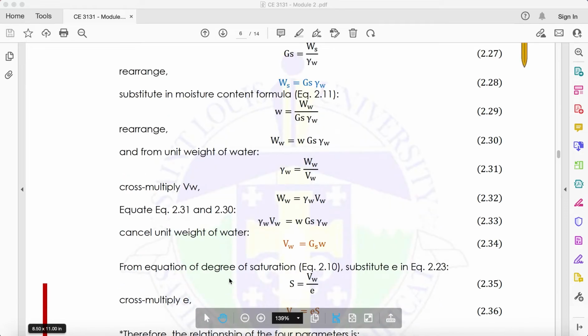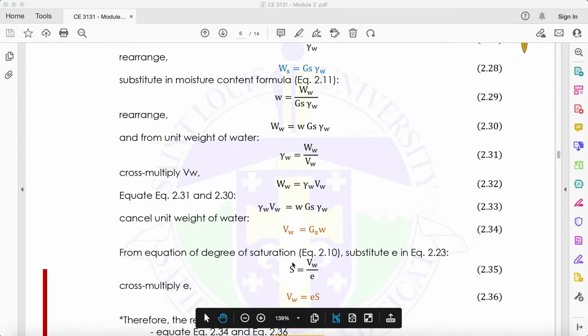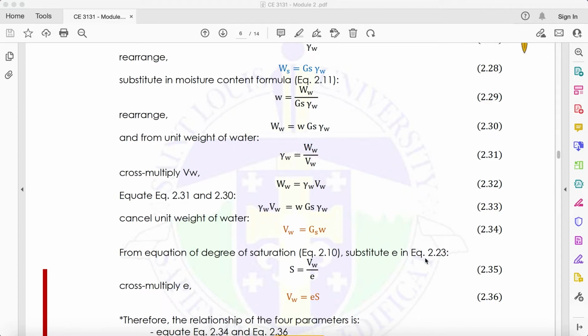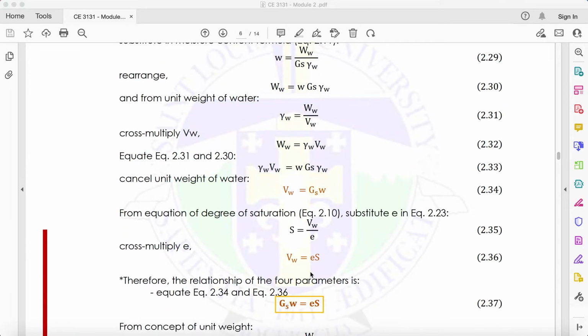So from the equation of degree of saturation, we know that S is equivalent, and we substitute it in equation 2.23. Saturation is equivalent to the volume of water divided by E. So if we cross multiply it, we have E times S is equivalent to the volume of water.